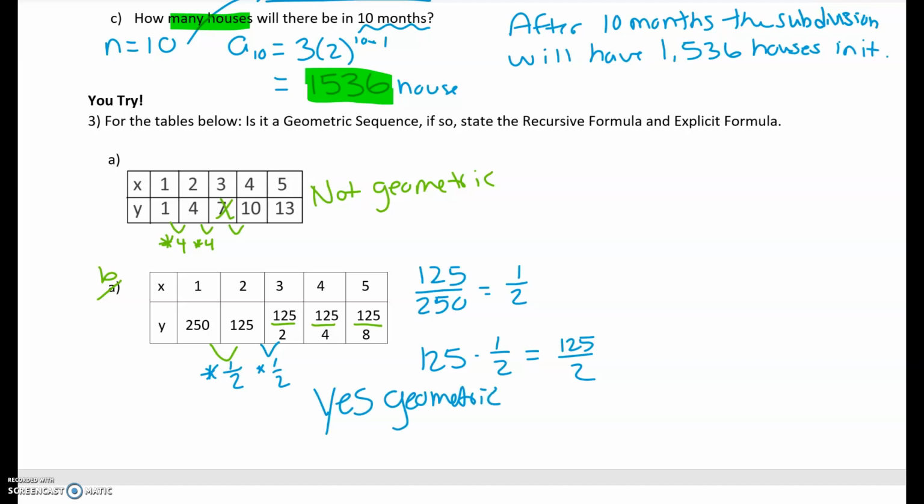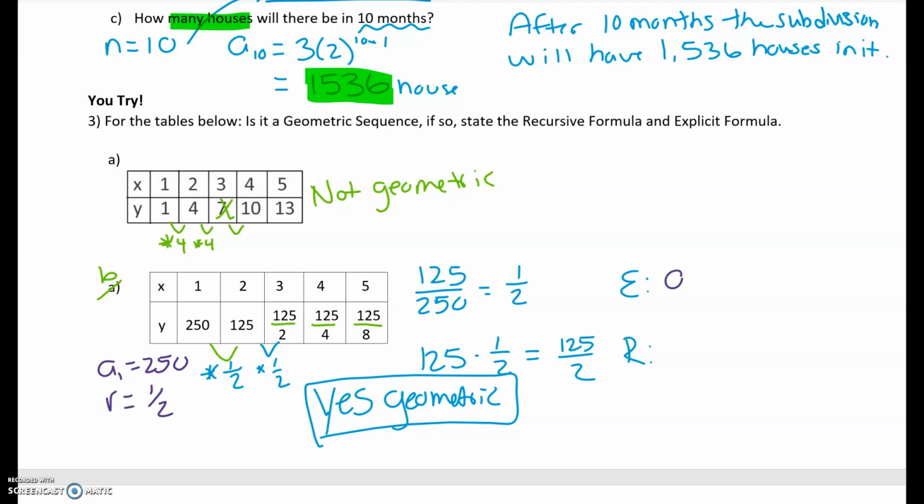So now we need to find our explicit and our recursive formula. So we need the first term, which is 250, and the common ratio, which is 1/2.